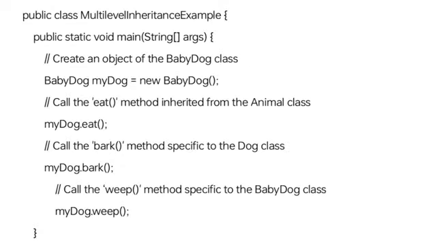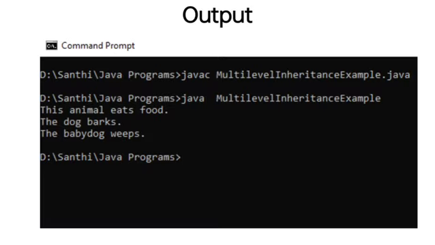While creating an object for the grandchild, baby dog, using that object we can invoke the methods defined in the derived class dog and also in the parent class animal. So the output will look like this.